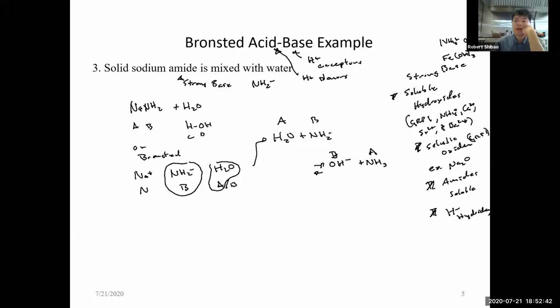Ammonia is a stronger acid? You have to be careful because the acids are on the left side. The bases are on the right side. So make sure you're looking on the left side and then determine which one's the strongest.